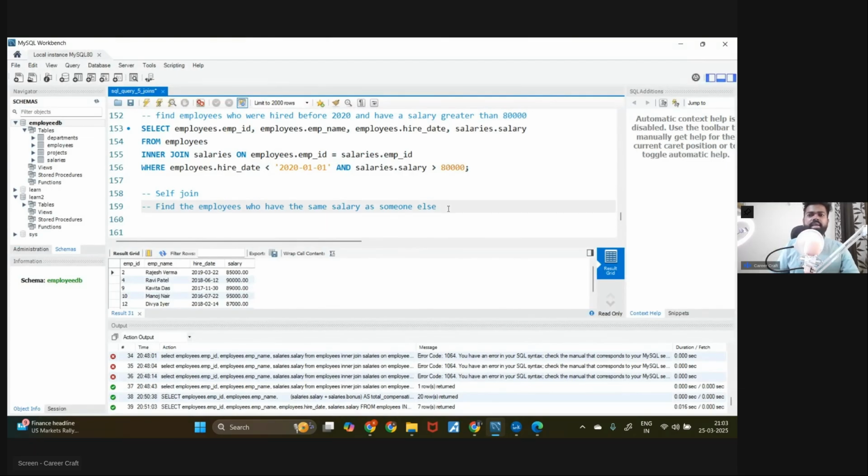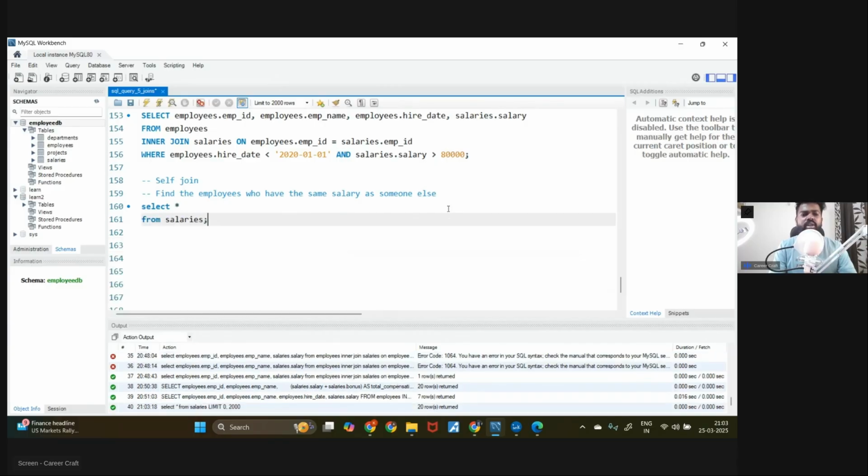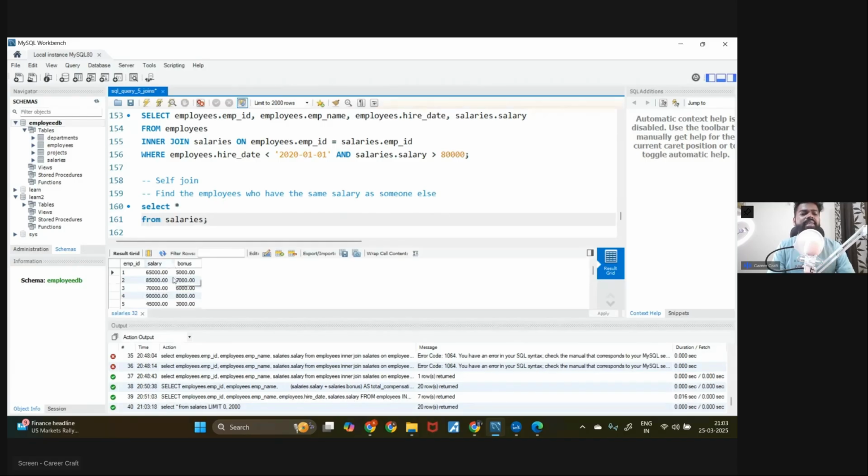So here, let's say select asterisk from salaries. First of all, see all the salaries: employee id, salary, bonus. Very good. Now what I'm going to do?